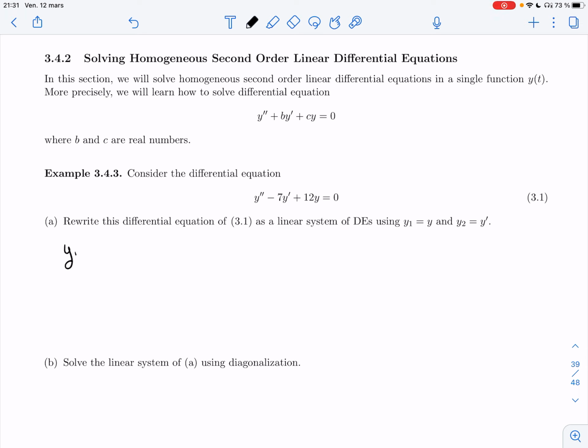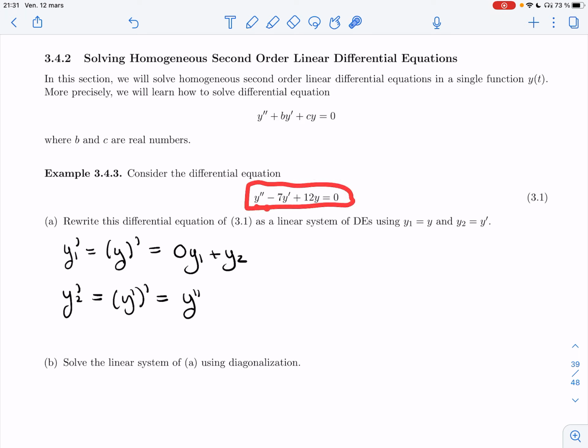All right, so for y1, I want to know y1 prime. Well, y1 is y, so that's just y prime, and y prime is y2, so that's 0 y1 plus y2. And then the second derivative, y2 prime, that's y double prime. I also need to write that in terms of y1 and y2, so I'm going to use this differential equation.